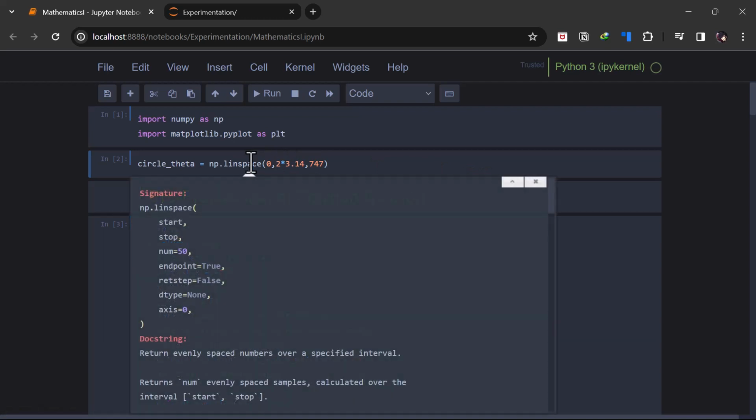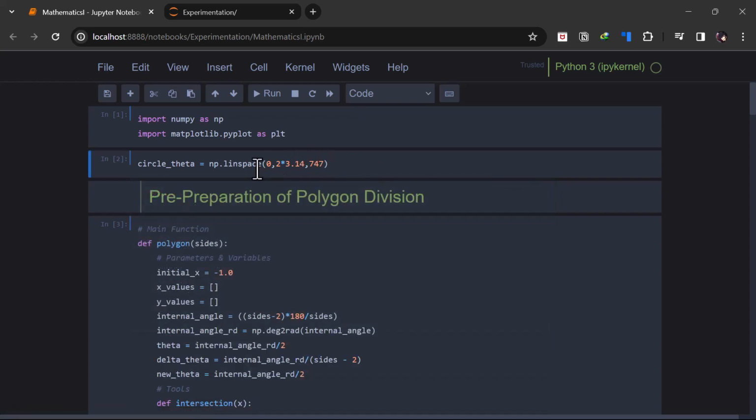As you can see, here's the start, stop, and the number of linearly spaced values you want. You have to specify that. For example, in this case I have specified 747, as I like odd numbers, so I have specified the values to be 747 between 2 and 3.14, which is nothing but pi. I wanted the values for angles, right, to draw the circle. To draw the circle in the first place, we need some angles, right?